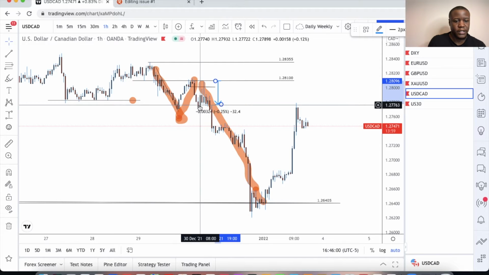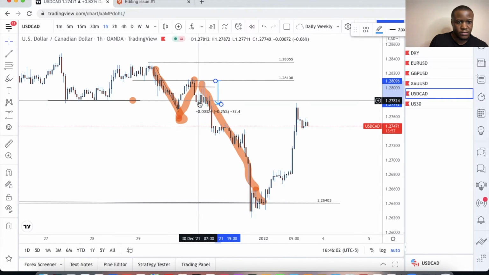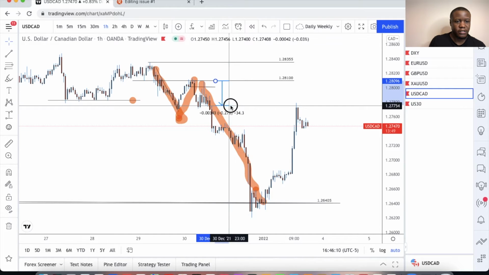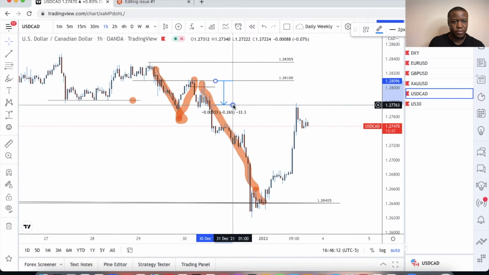This is after the London session. So right at New York, you could have been done for the day actually. Because remember I said you just need to do this move consistently every day. You don't need 100, 200 pips. All you need is 30 pips, 20 pips a day, and you're good. So this alone would have gotten you 32 pips.